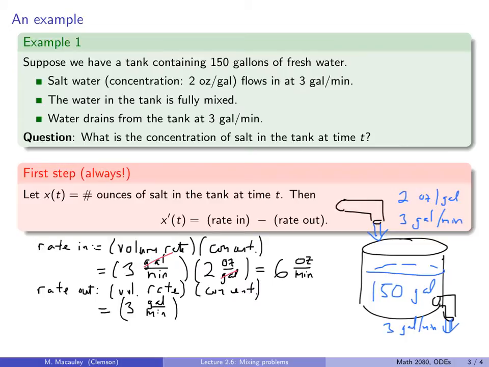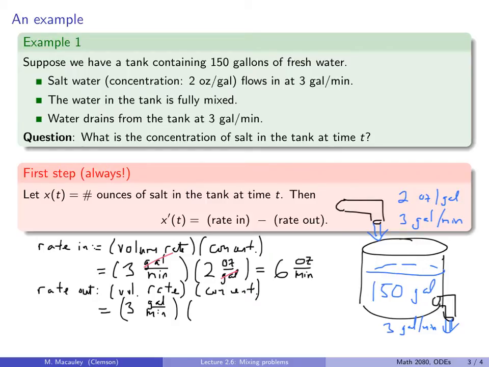Now the concentration is a little trickier because it's not 2 ounces per gallon anymore, right? What is it? The concentration of the water exiting the tank is just the concentration of the water in the tank, and that's going to be the amount of salt in the tank divided by the volume.